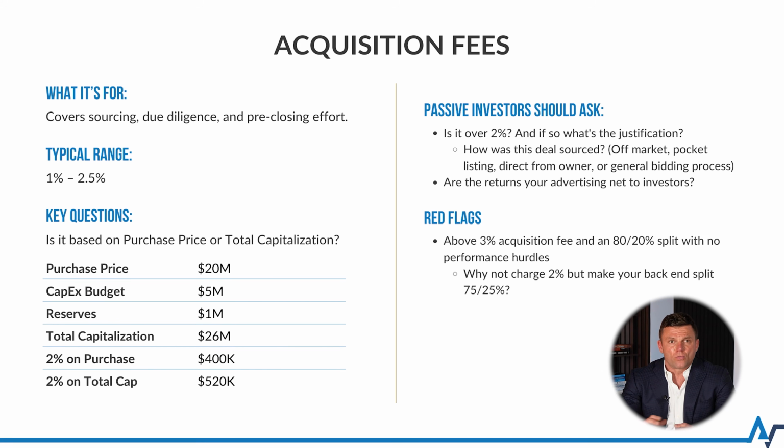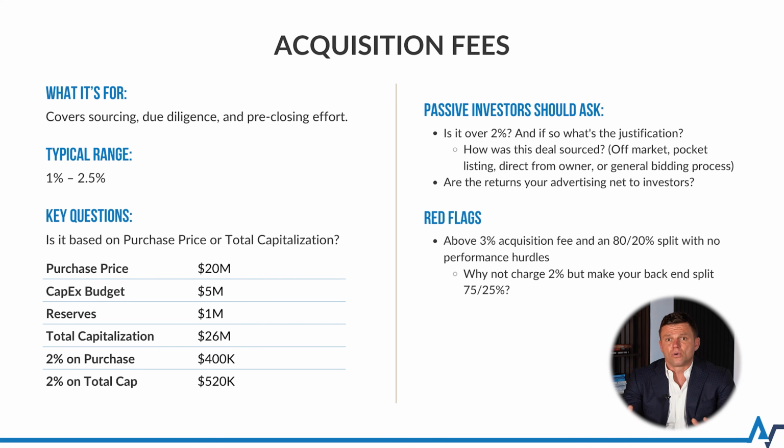So let's talk about acquisition fees. The typical range right now for acquisition fees is anywhere from 1 to 2.5%. Now, a key thing that you want to ask as a passive investor is, is this acquisition fee based on the purchase price, or is it based on the total capitalization of the deal? And let me tell you the difference.